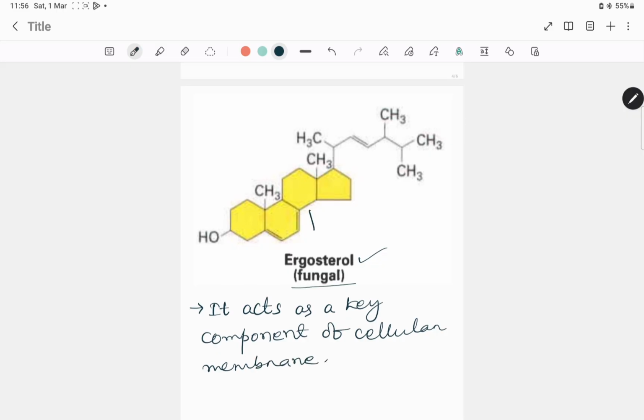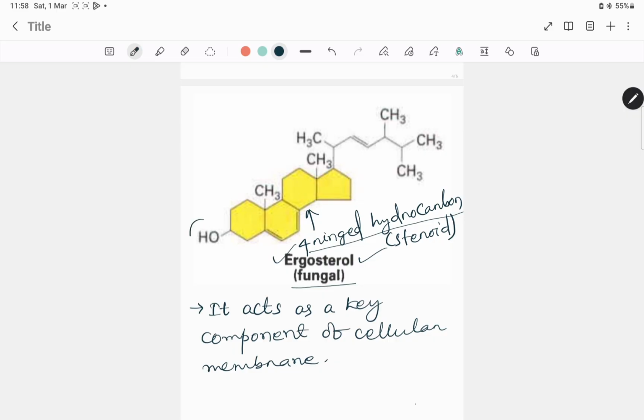It also contains a four-ringed hydrocarbon called steroid. Here, the four-ringed hydrocarbon is shown in yellow color.